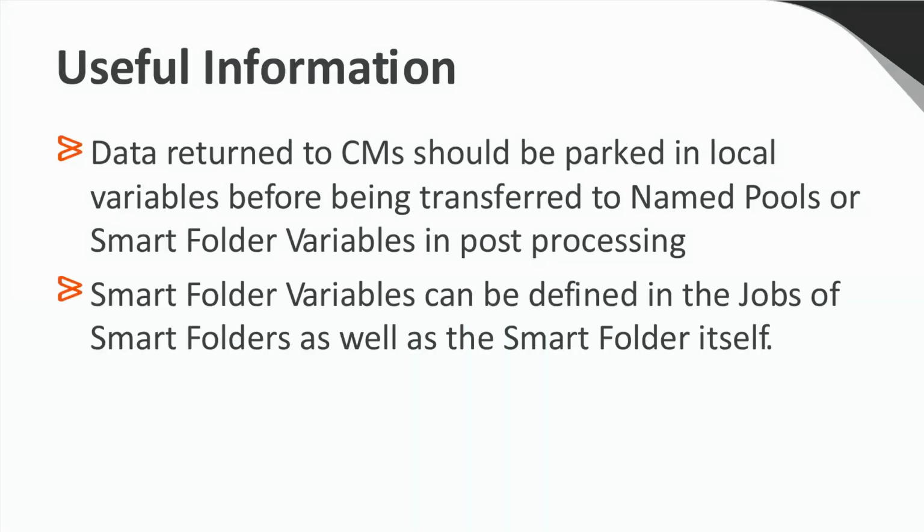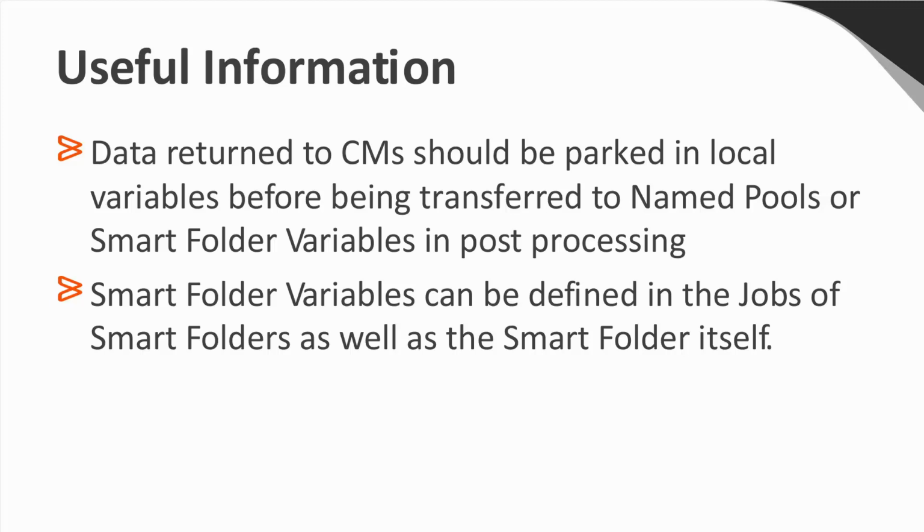So data that's returned from CMs, like CM for SAP or CM for web services, should be parked in local variables before being transferred to named pool or smart folder variables. And you can do that in the Actions tab or in post-processing. The smart folder variables can be defined in the jobs of smart folders as well as in the smart folder itself.